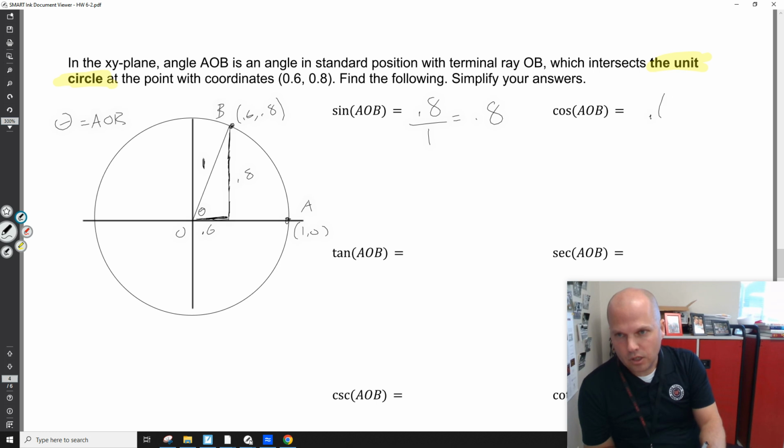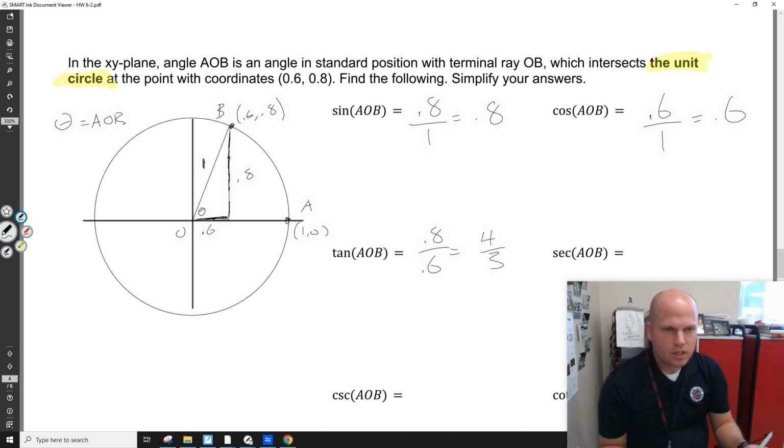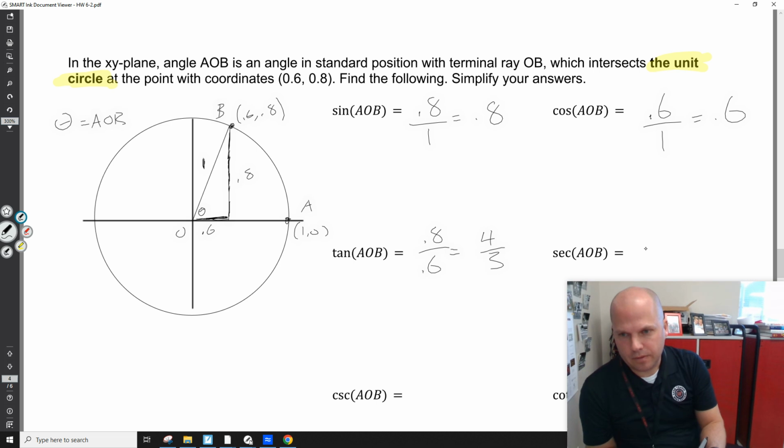Cosine, adjacent over 1. Tangent, opposite over adjacent. That's 8/6, which is 4/3. Secant, reciprocal of cosine. Cosine is 0.6, it's 6/10, 3/5. Secant would be 5/3.